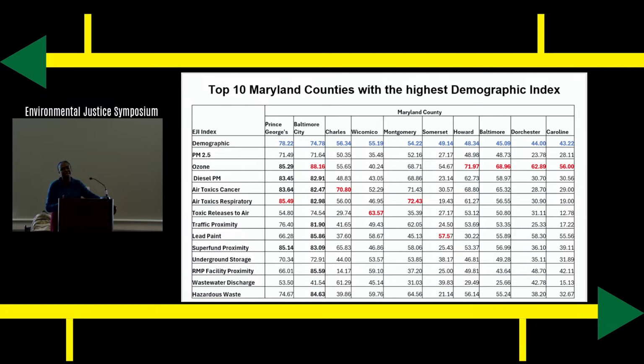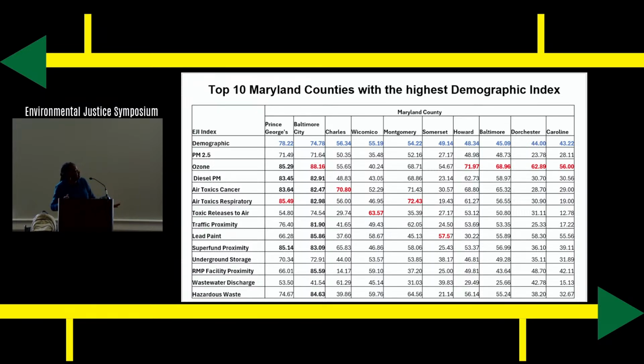One thing about the EJ screen, I would say it's a guide. It's a starting point to address some of these issues. So if you want to address them, you will need to use the tool, back it up with other sources of data, and be able to present it to them.